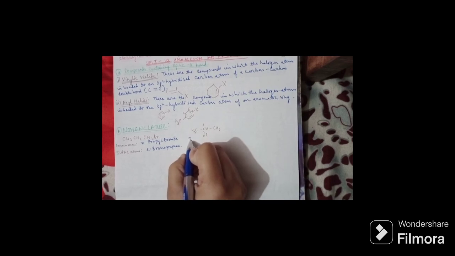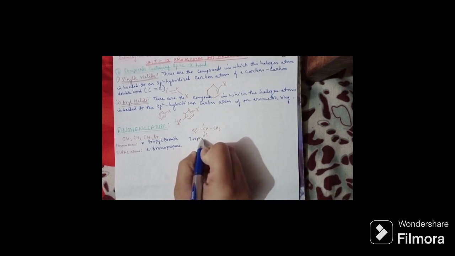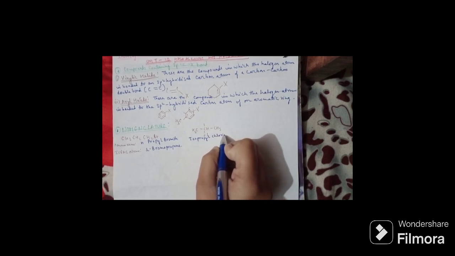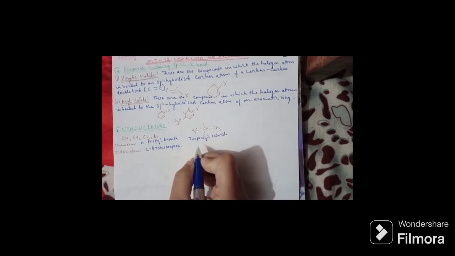For that, the common name is isopropyl chloride, isopropyl chloride, and the IUPAC name is 2-chloropropane.